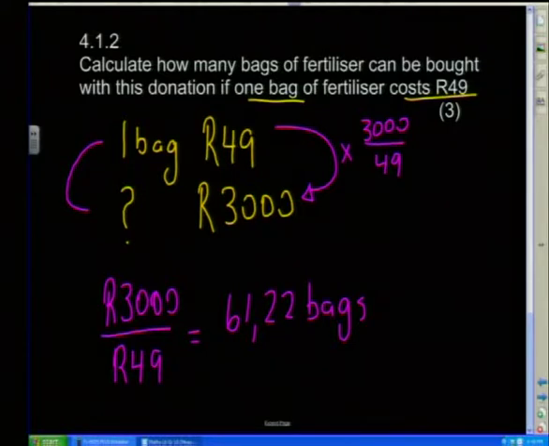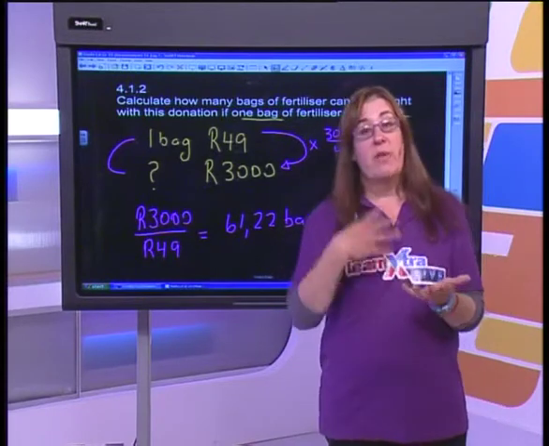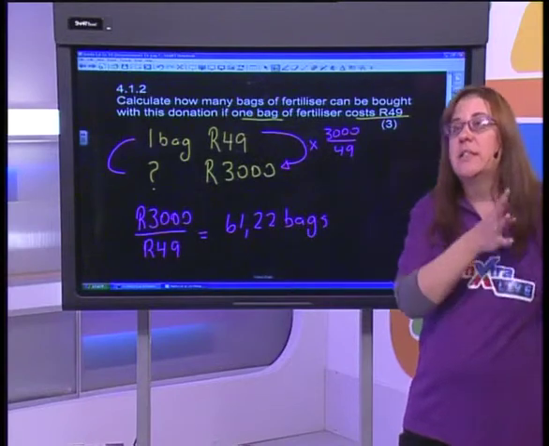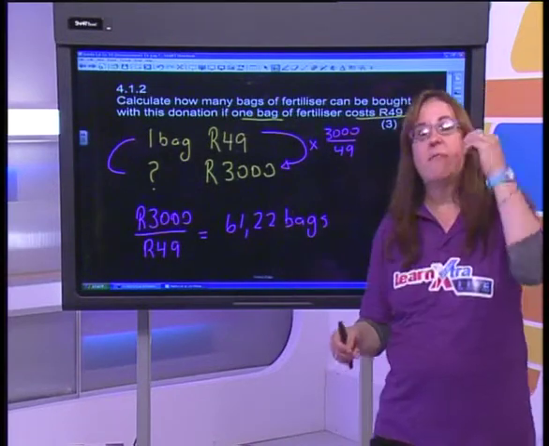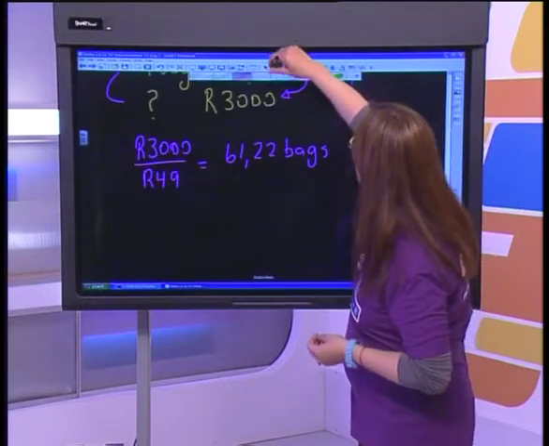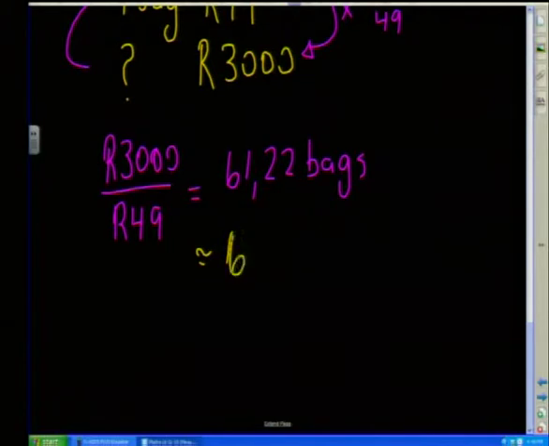Again, I need to round off because I cannot have 0.22 of a bag. And the question is, must I round up or round down? Now, in this case, I can only round down because I don't have enough money to buy 62 bags. So I, in actual fact, can only buy 61 bags of fertilizer.